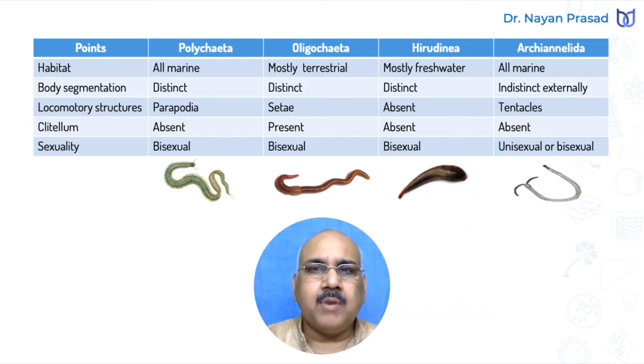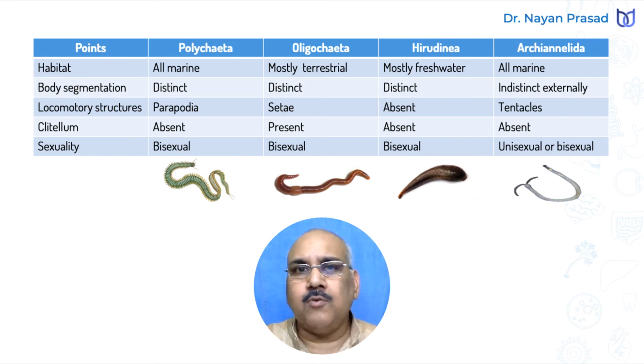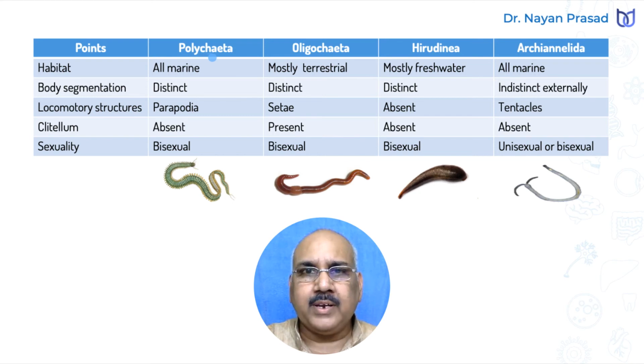Now let us have a look at the different groups in a comparative way. Four major groups or four main classes in phylum Annelida. They are Polychaeta, Oligochaeta, Hirudinea, Archiannelida. When we see their habitats, Polychaetes are all marine, Oligochaetes mostly terrestrial. Hirudinea includes mostly freshwater species. However, Archiannelida again all marine.